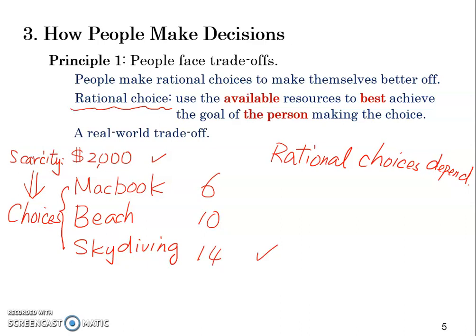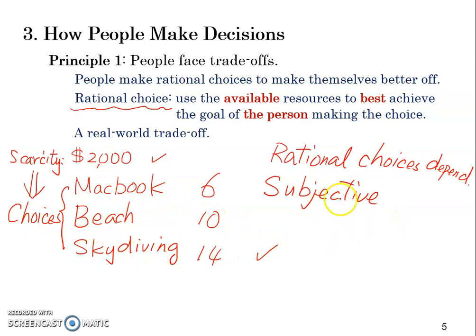So you cannot say because most people went with skydiving, it must be the rational choice for everyone. That doesn't make sense. Okay, so the rational choice here, again, is subjective. Okay, it varies across people.